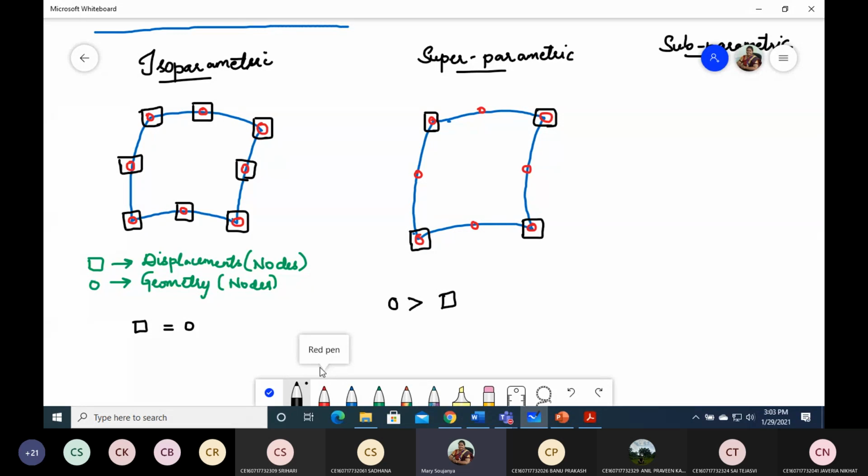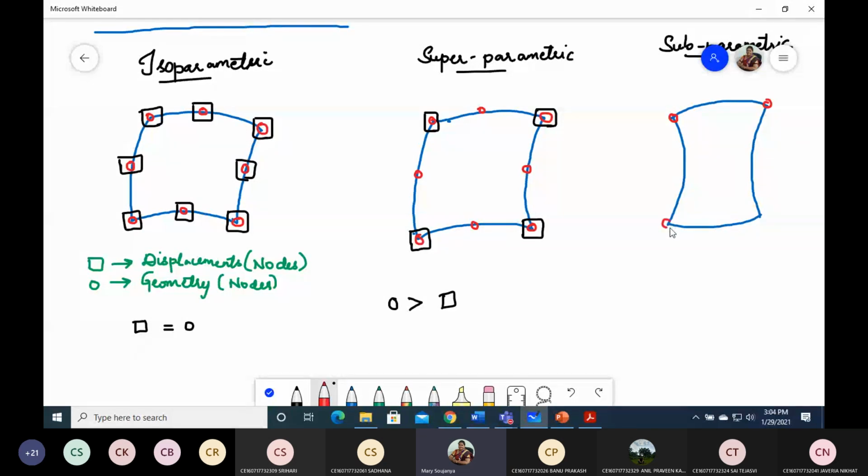Write down: the elements in which more number of nodes are used to define geometry when compared to the number of nodes used to define displacements, such elements are called superparametric elements.